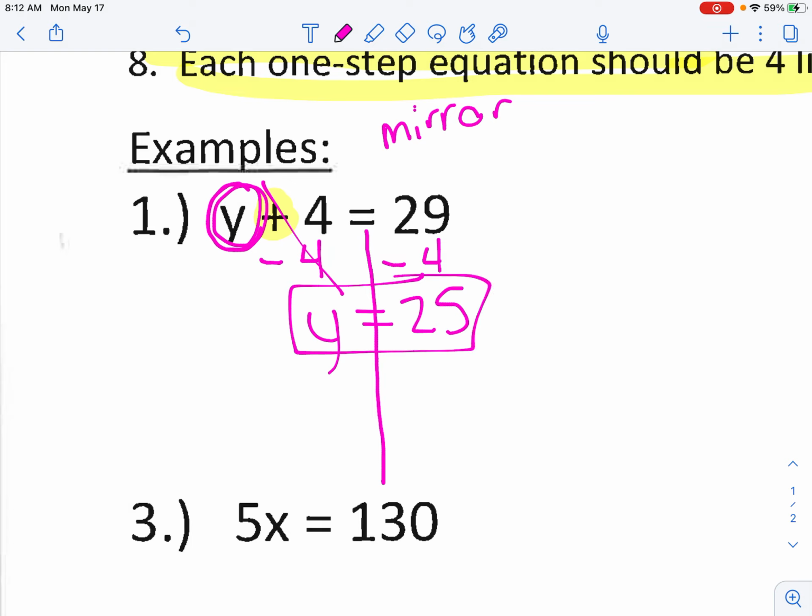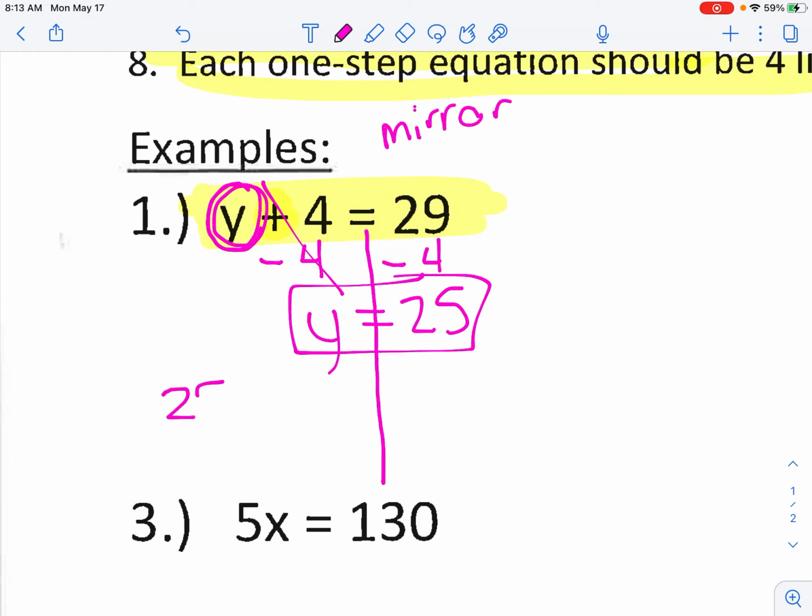Now we're going to do what is called substitution. So if you guys play sports, you might need to substitute in for another player. You're going to take their place. You've had substitute teachers in class who have taken my place. So we're going to substitute the 25 for the y. When you substitute, you're going to rewrite this original equation, but instead of saying y plus 4, you're going to substitute the 25 for y.